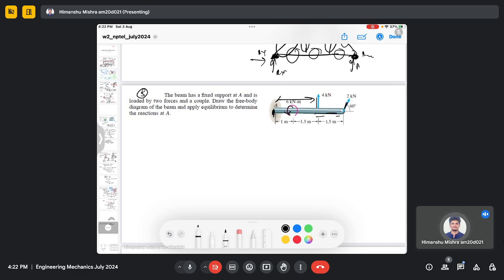So these two forces and this moment are creating the opposite moment here at the fixed point, because at this point the beam is constrained, so there will be an opposite moment acting at the fixed point due to these forces and this moment. So we have to calculate this moment and force, the unknown reaction forces. So let's make a free body diagram first.